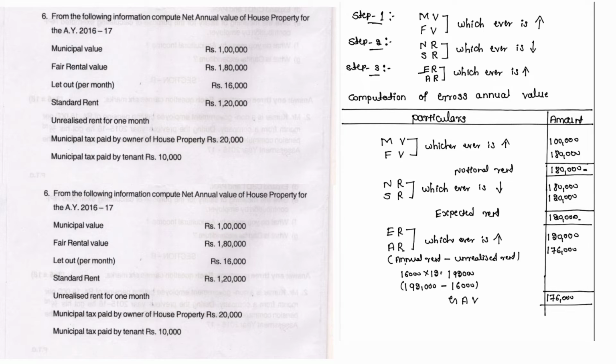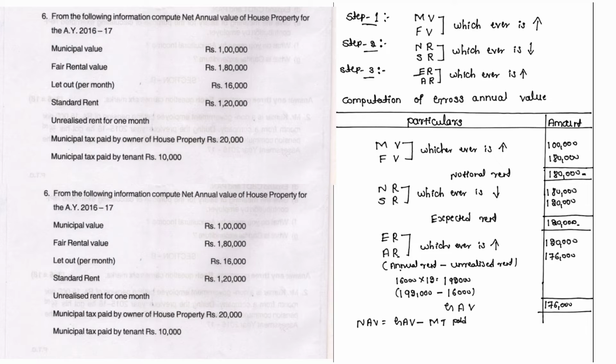So what we have to identify? We have to identify net annual value. So net annual value is equal to gross annual value minus municipal tax paid. In this problem, they have given municipal tax paid by the owner as well as municipal tax paid by the tenant.